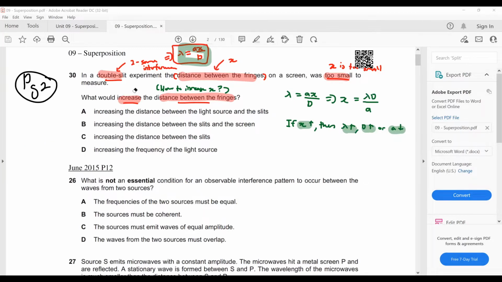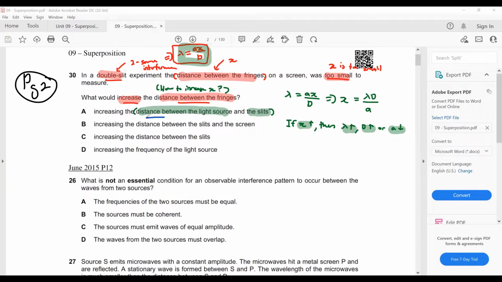Now, look at answer choice A, increasing the distance between the light source and the slits. You need to be careful.